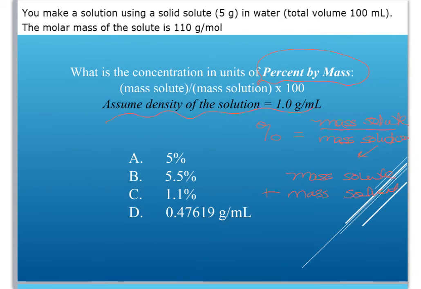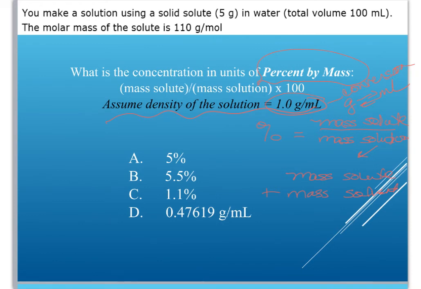Sometimes you'll need density of the solution. Density can be used as a conversion factor to switch back and forth between the units of grams to the units of milliliters, depending on what you need for an equation.